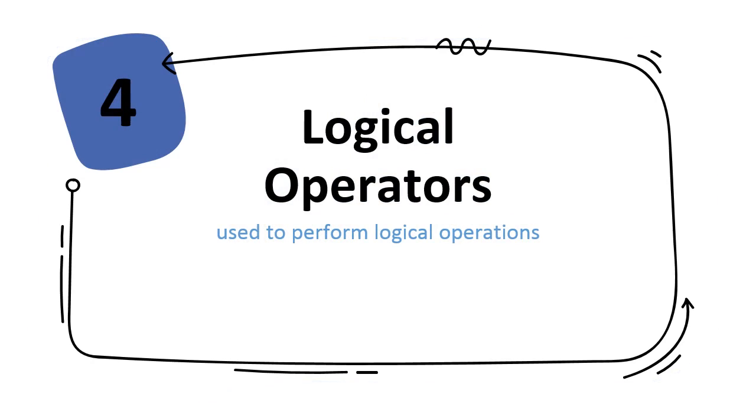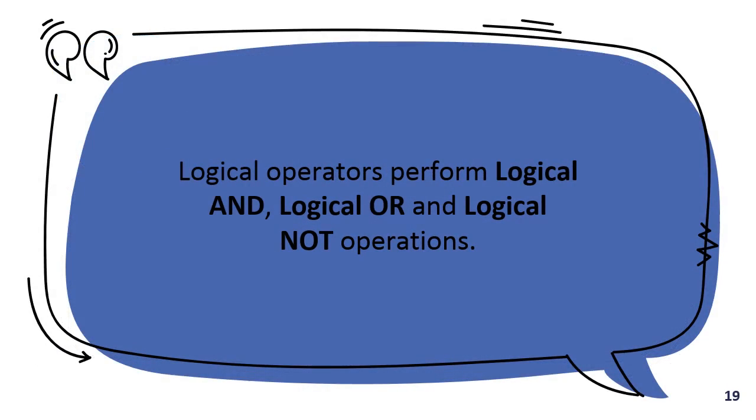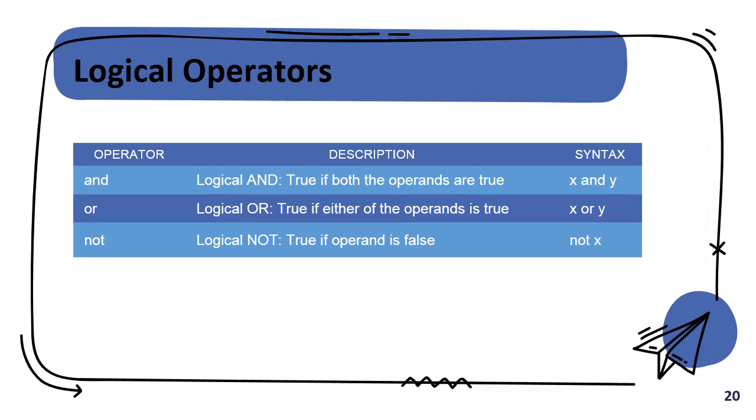Next, we are going to see logical operators. Logical operators perform logical and, logical or, and logical not operations on the values we have given. These are the basic logical operators: and, or, and not. Logical and returns true if both the operands are true.